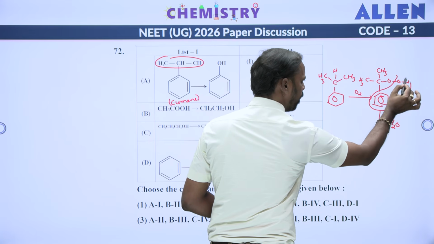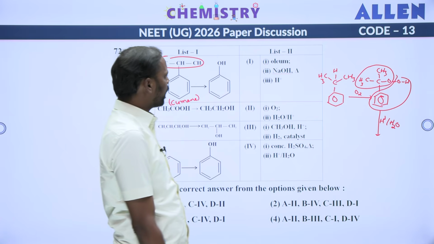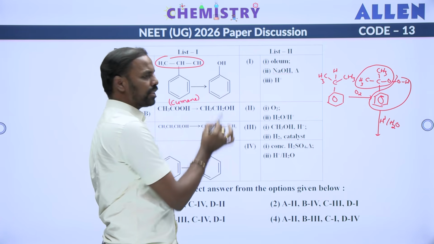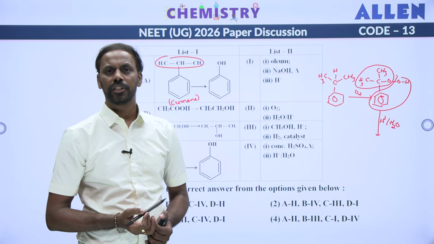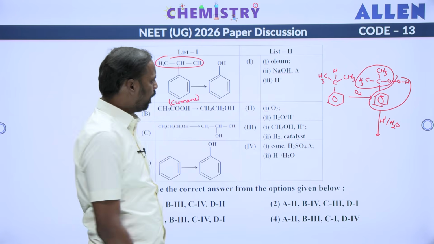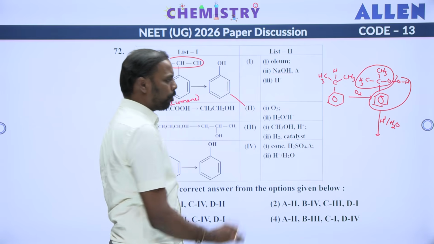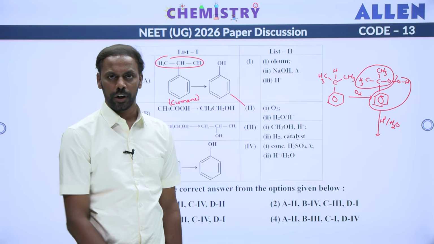So this is the phenol molecule. After that this will be the acetone molecule. So phenol plus acetone is formed. So cumene is converted into phenol by treating with O2, followed by H plus and then water.